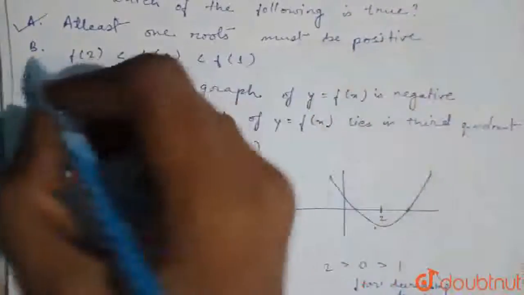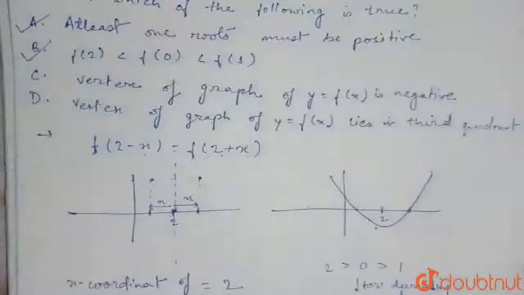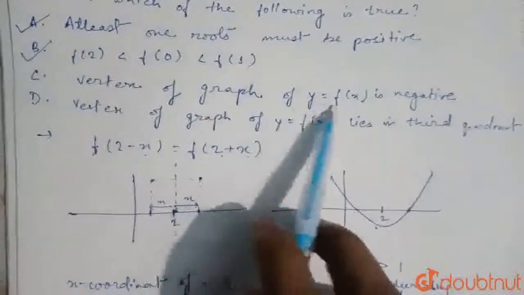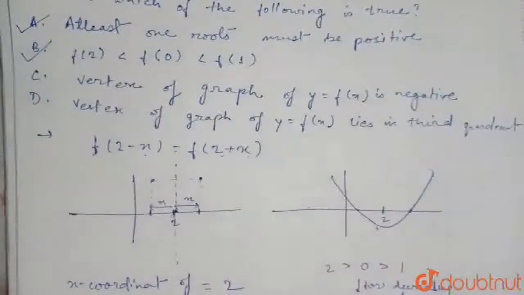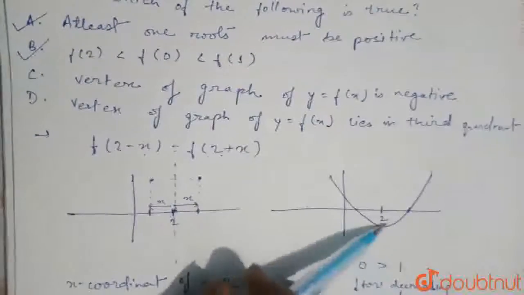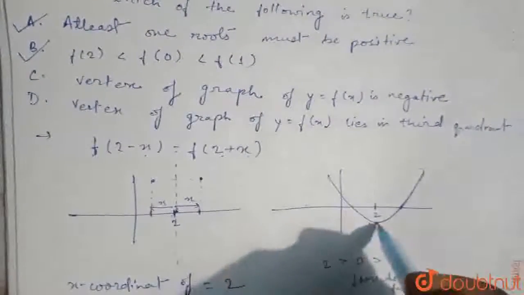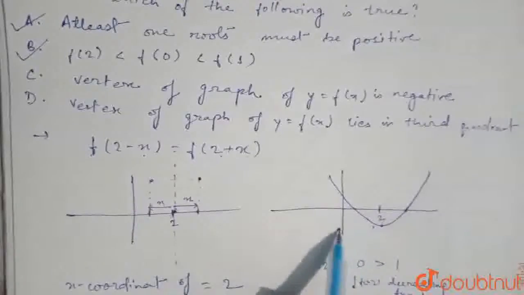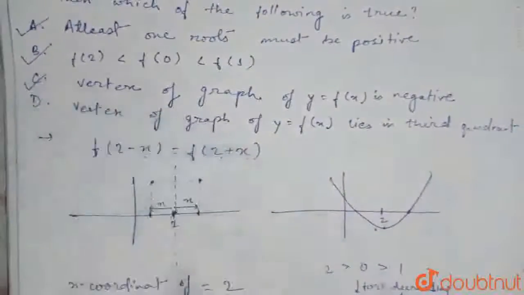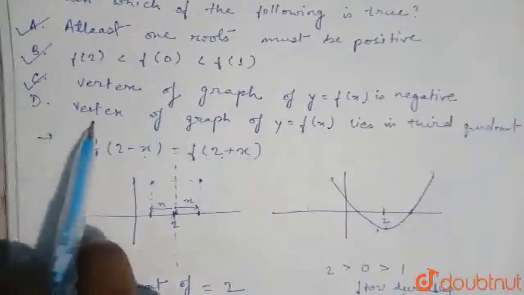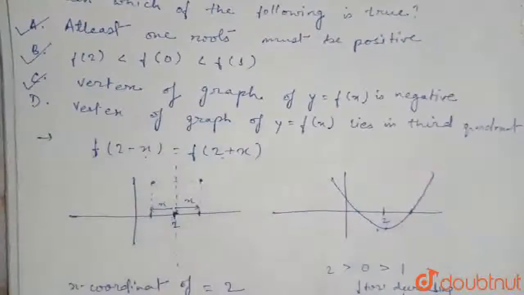So we can see that option B is also correct. And the third option: the vertex of the graph y = f(x) is negative. So the y value of the vertex is less than 0, so this option is also correct.